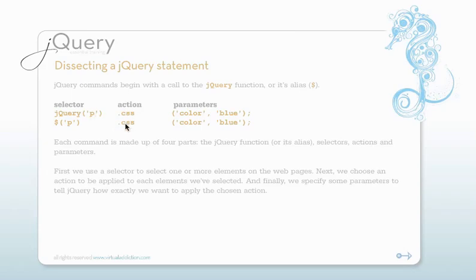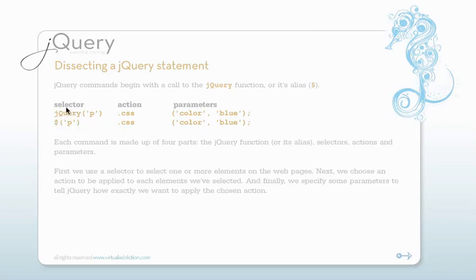Next, we're going to choose an action to be applied to each element we've selected, and you'll see more and more actions as we implement different effects throughout the course. And finally, you're going to specify some sort of parameters that tell jQuery exactly how we want to apply the chosen action. So whenever you see jQuery code, especially when you just start out, it's a good idea to try to break it into these component parts. It's going to make it a lot easier to comprehend when you begin using it if you understand the component parts.